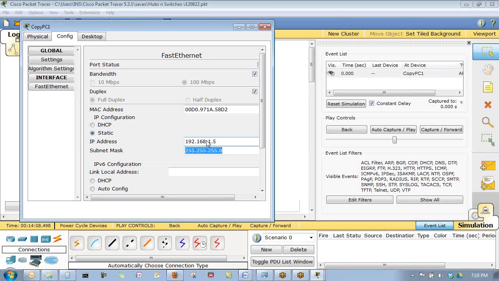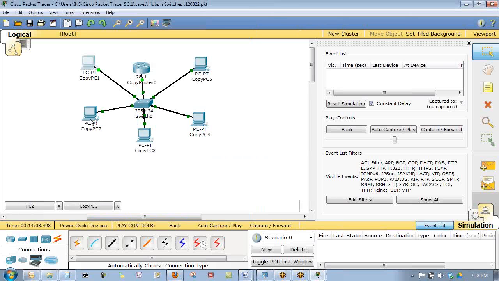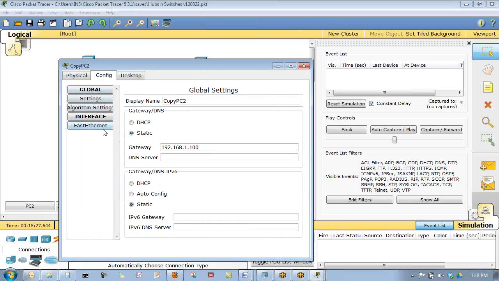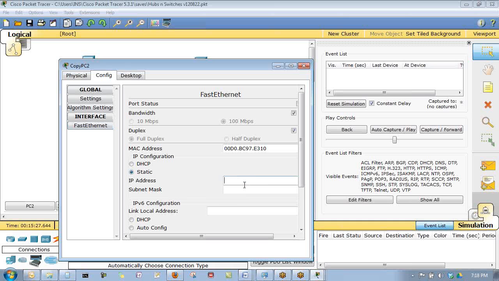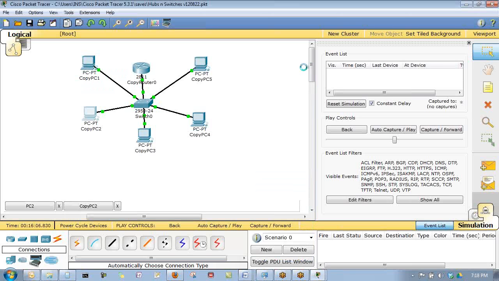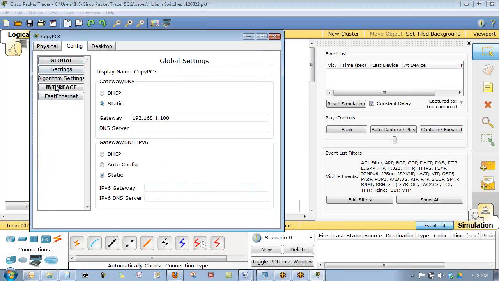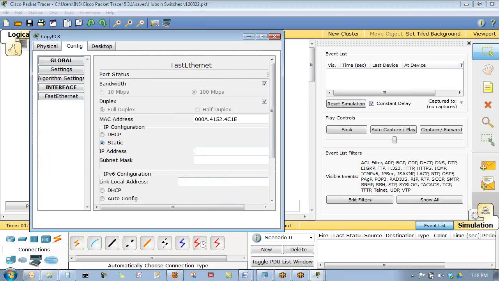192.168.1.5. And we'll configure this one. 192.168.1.2. Configure this one. 192.168.1.3.